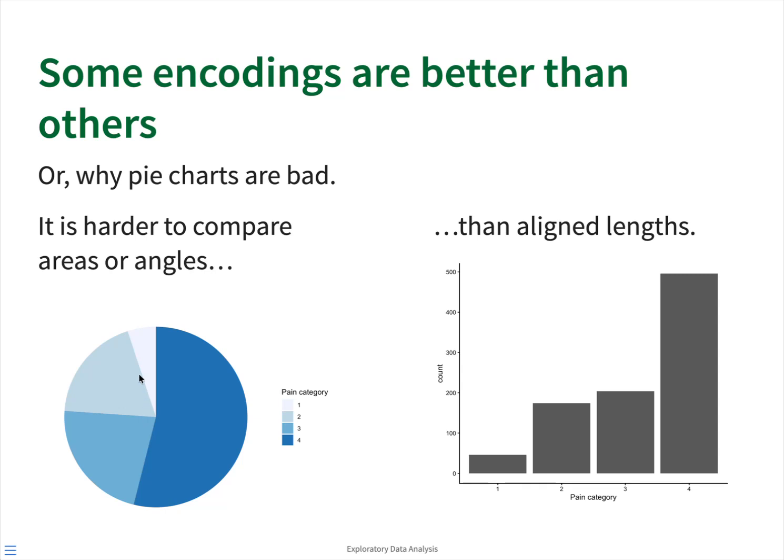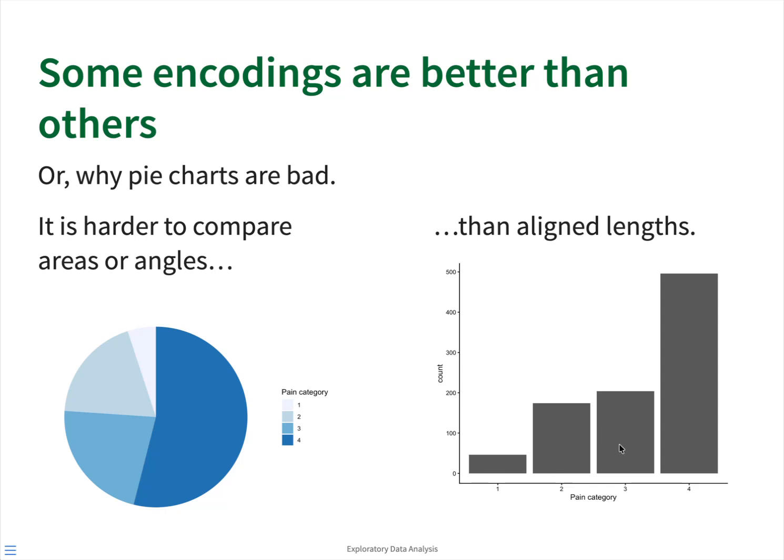However, it's much harder to compare the relative sizes of slices of a pie chart, like you see here on the left, than it is to compare the relative heights of bars in a bar graph.